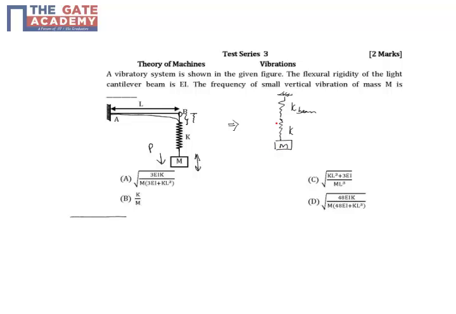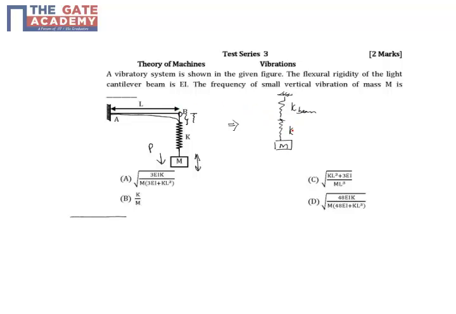Remember that in a series the load is the same through each spring, and the same thing happens here. The load on the bottom spring is P, and the load applied on the end of the cantilever is also P. So it's more or less in series.